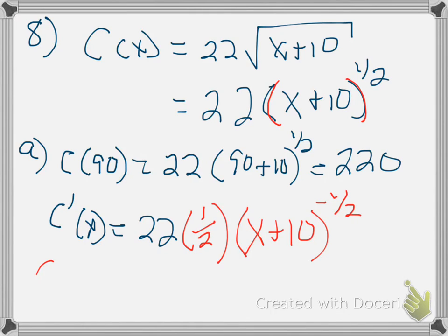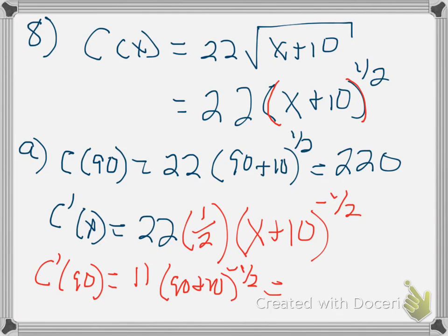Now, C prime of 90: 22 times 1/2 is 11, times 90 plus 10, it's still 100, raised to the negative 1/2 power. The square root of 100 is 10. The negative, though, puts that 10 in the denominator. So C prime of 90 is 11 over 10, and that's the rate of change in the cost of producing x items when x equals 90. It's a rate of change in cost.